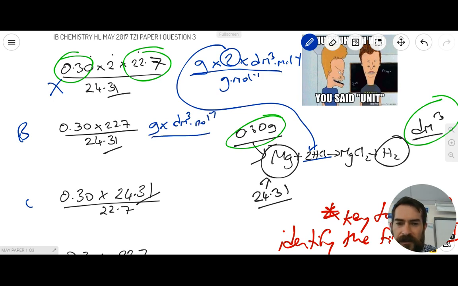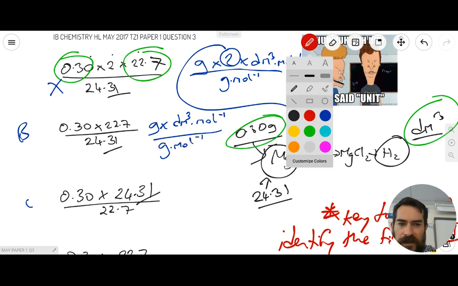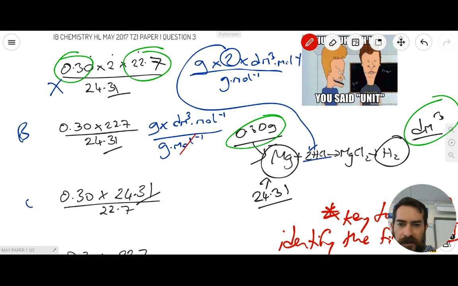Then on the bottom, we have 24.31 grams per mole. Now, as you can hopefully see here, the reciprocal moles or moles to the -1 will cancel with each other. The grams will cancel with each other, and magically this gives us units of decimeters cubed. So it has to be answer B.